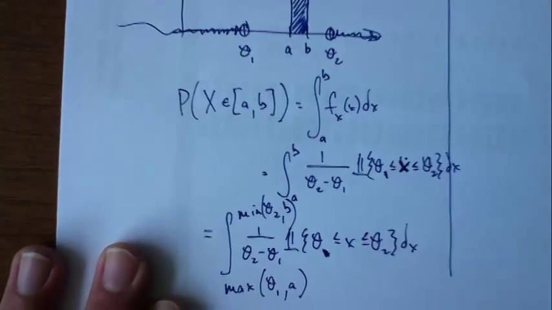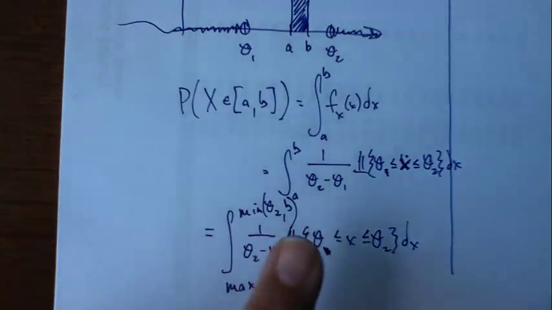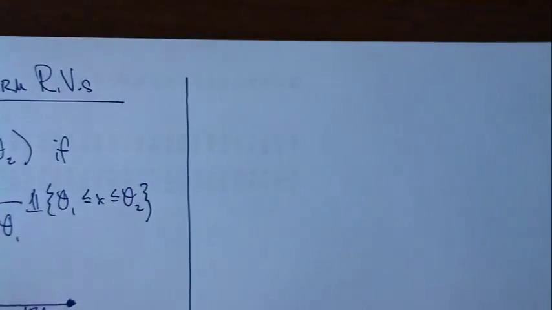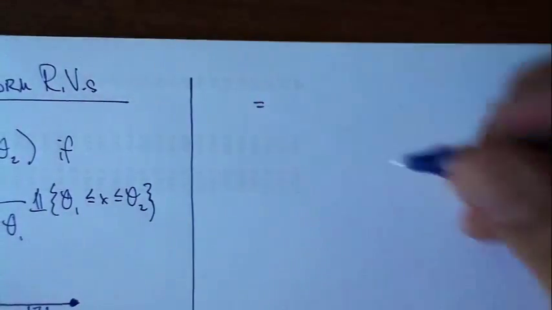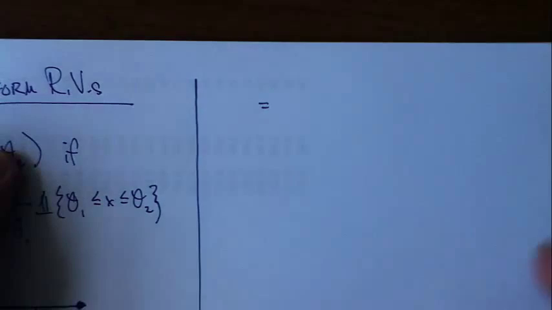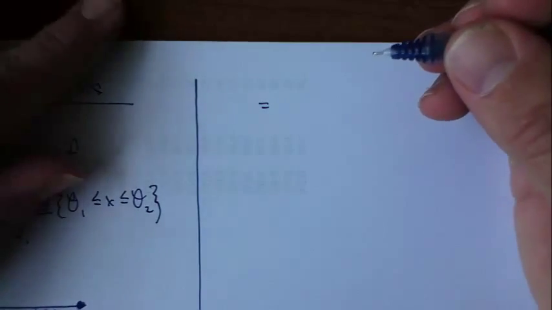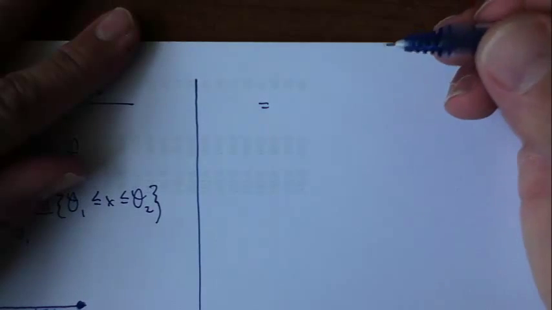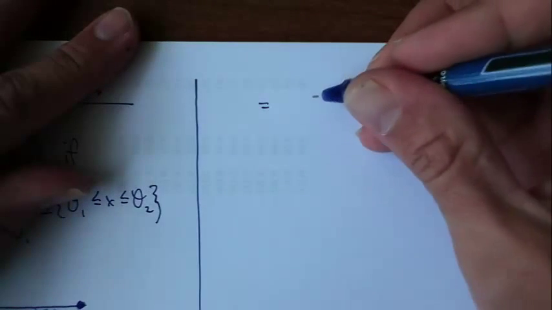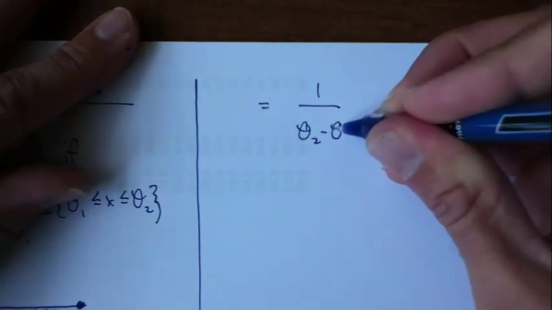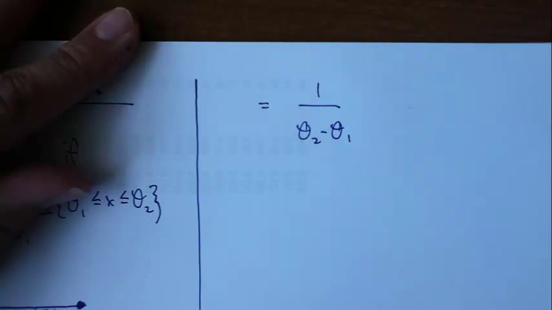Okay, so now I'm out of space down here. I'm going to move up this way. Here we go. So all of this now can be written as, if I integrate that, I just get 1 over theta 2 minus theta 1, right? That's constant. That pops out of the integral.